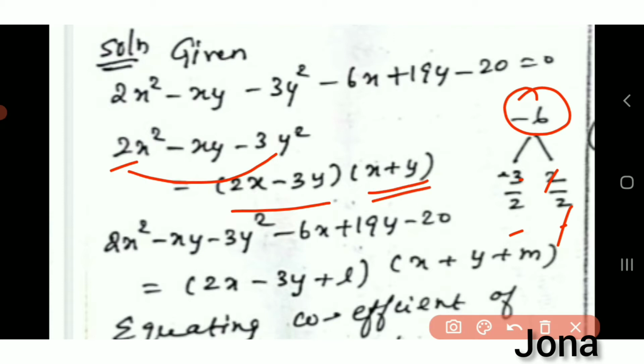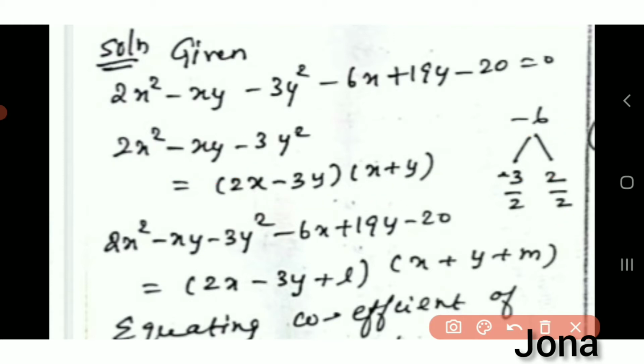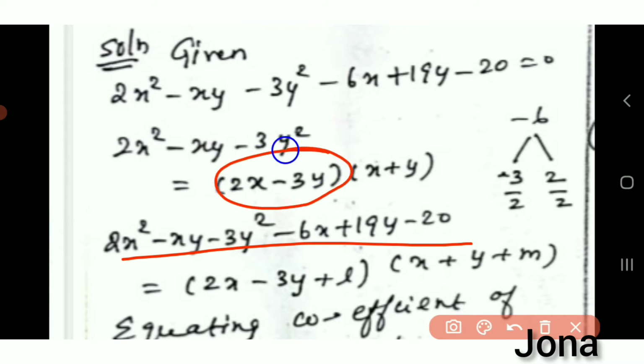So these are the factors. Now I want to write the whole given equation, 2x² − xy − 3y² − 6x + 19y − 20, along with these factors, adding some constants.